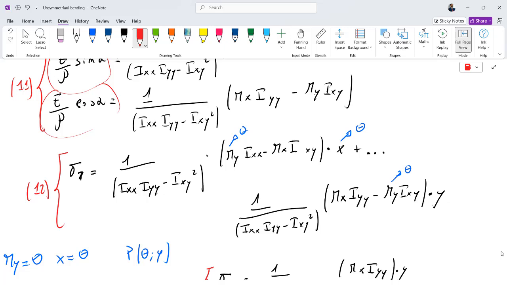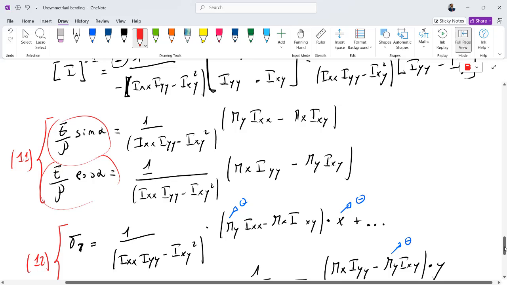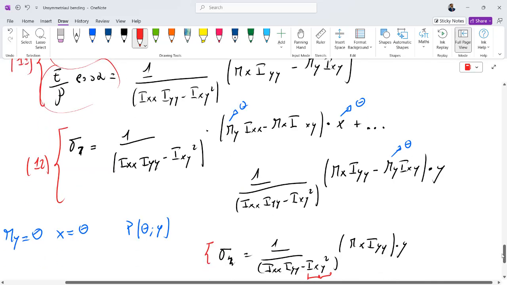I can highlight this: the 12 formula is the general formula. So this formula here, the 12a formula, is a derived formula of the 12 formula. Okay, so this is a particular formula because we have these three hypotheses verified. But the general formula of the bending stress is this.